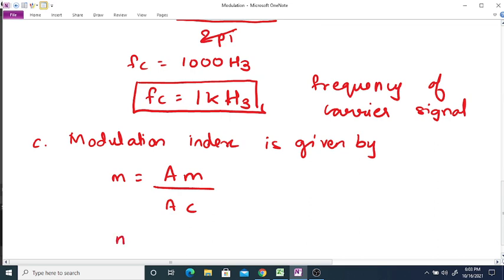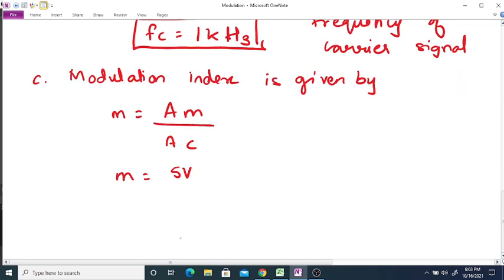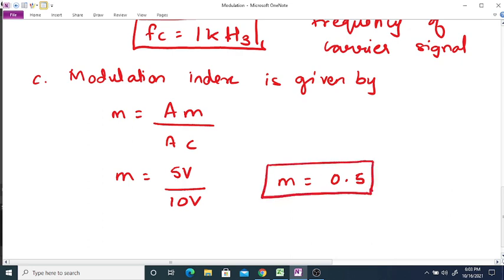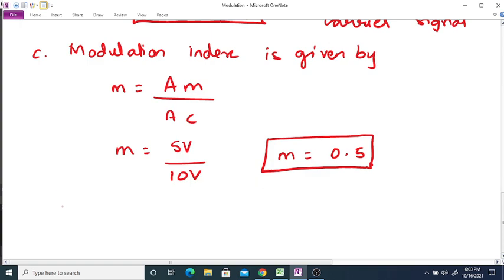So, here we get M is equal to Am, which we have obtained as 5 volt, and Ac, which is obtained as 10 volt. So, here M will be equal to 0.5. This is our modulation index for the given signal.